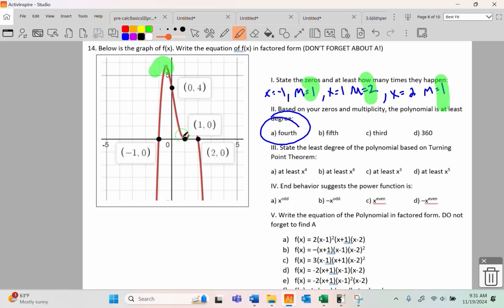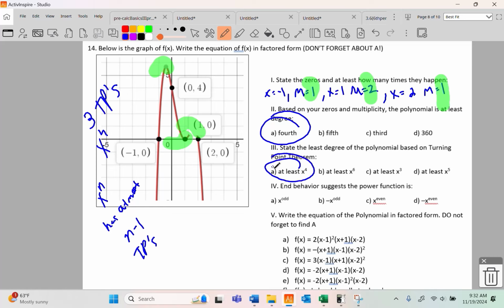There are 1, 2, 3 turning points, 3 TPs. That doesn't stand for toilet paper. So we have to be at least x to the 4th because the theorem which I just went over said x to the n has at most n minus 1 turning points. So 4 minus 1 is 3.